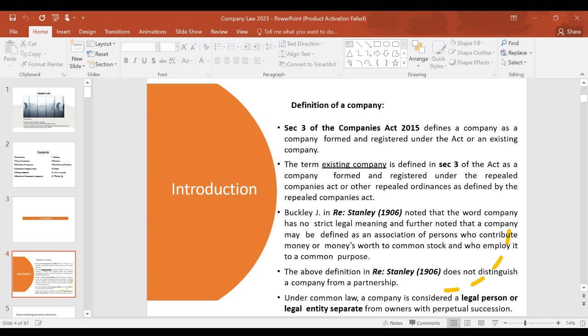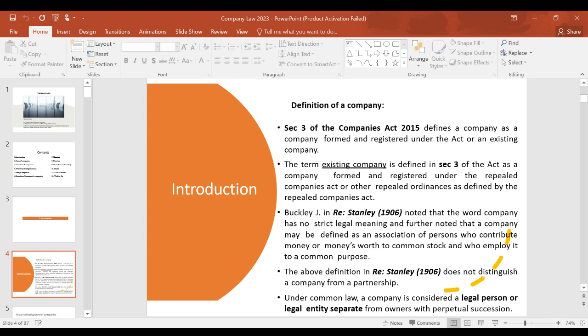Although Barclay J does not distinguish a company from partnership because partnership equally requires contribution of money or equity towards that common purpose, he fails to distinguish the two business models.